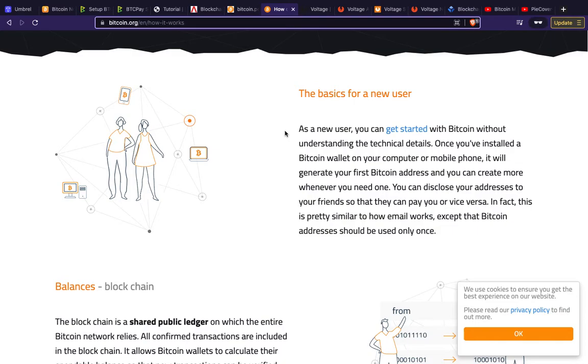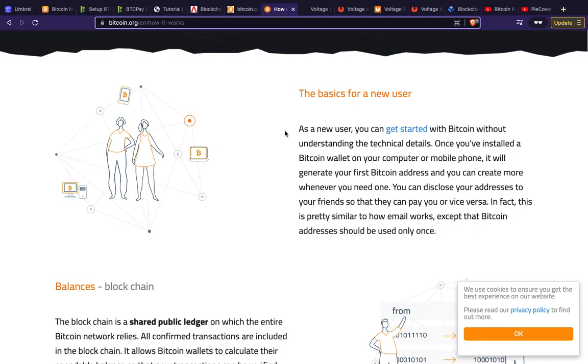So, basics for a new user. A new user can get started with Bitcoin without understanding the technical details. Once you've installed a Bitcoin wallet on your computer or mobile phone, it will generate your first Bitcoin address, and you can create more whenever you need one.